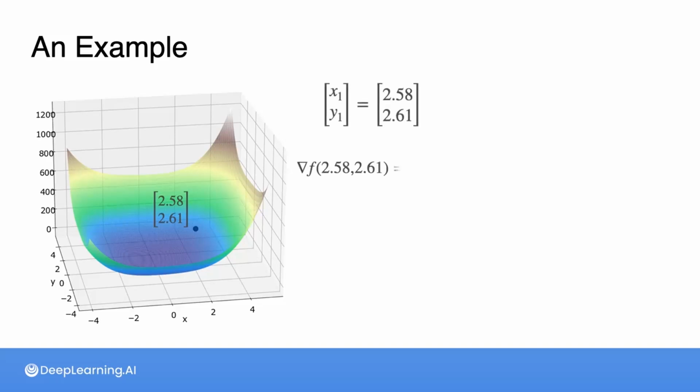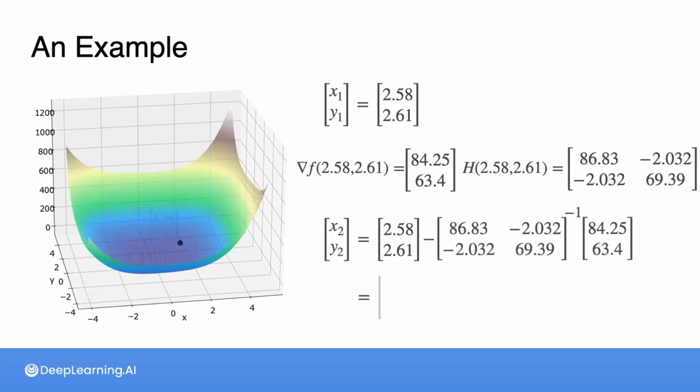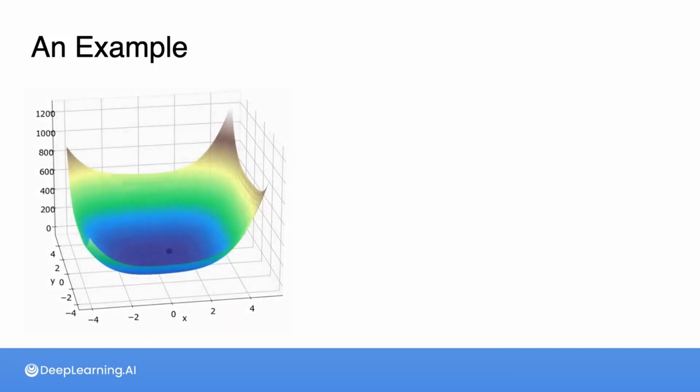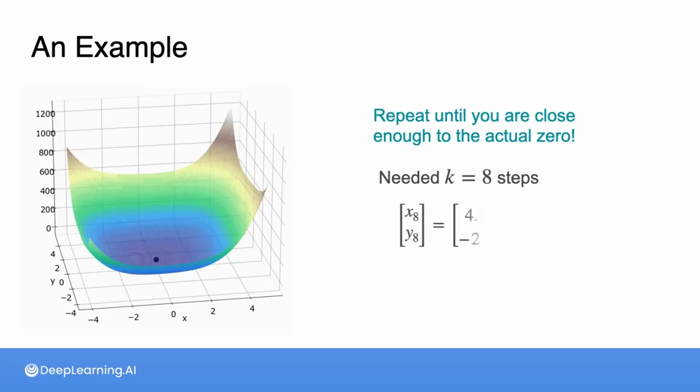Now let's iterate again. So we have that this is the gradient, and that this is the Hessian, and the next iteration is this point minus the Hessian inverse times the gradient. So we get the point 1.59, 1.67. And let's actually continue repeating it. When you repeat it many times, you end up at the actual zero. It takes 8 steps to get this close. Check it out.